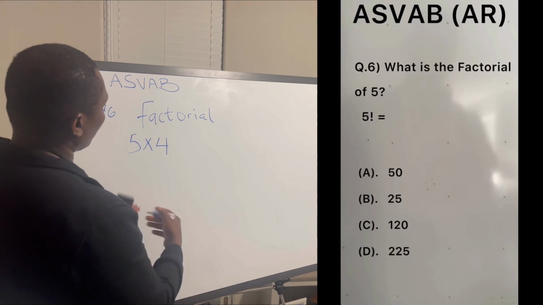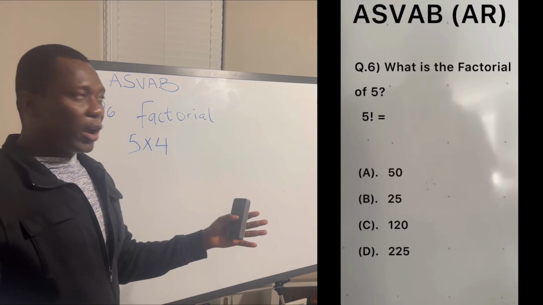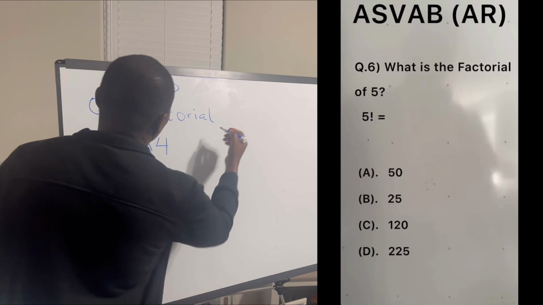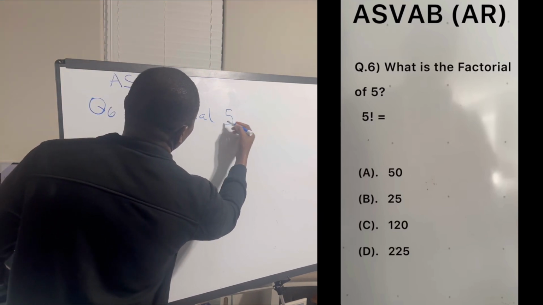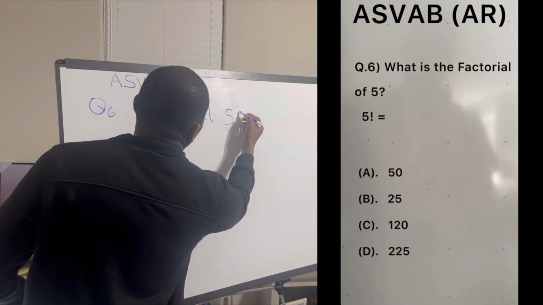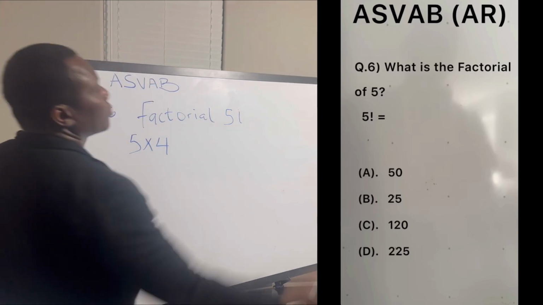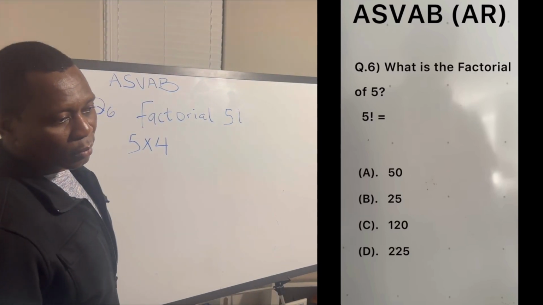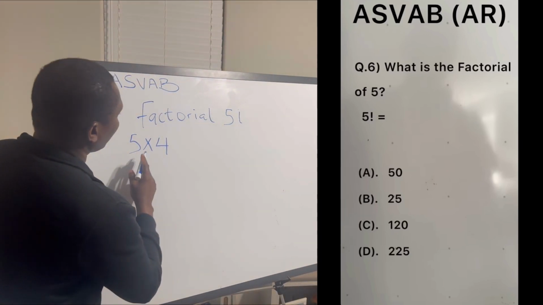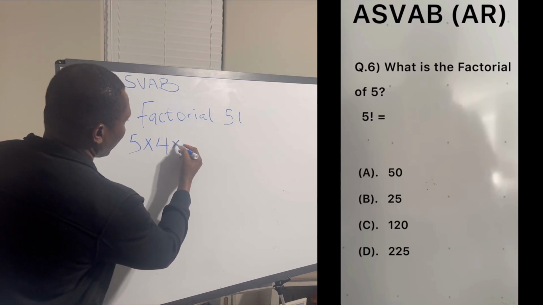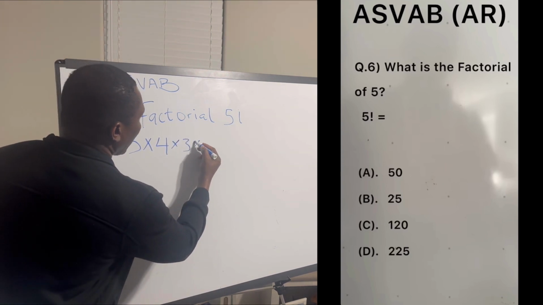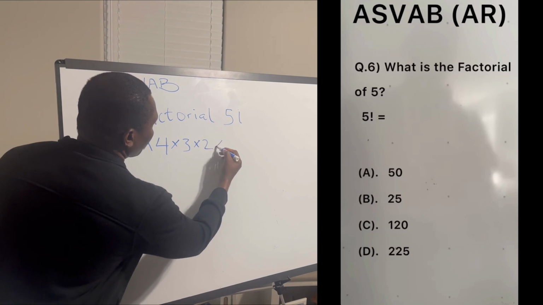So, for example, if they say, what's the factorial of 5? It's written like this: 5 factorial. So 5 multiplied by 4, multiplied by 3, multiplied by 2, multiplied by 1.